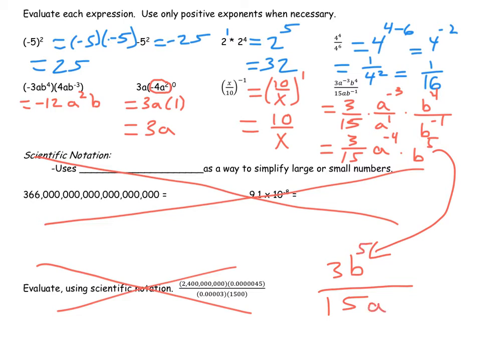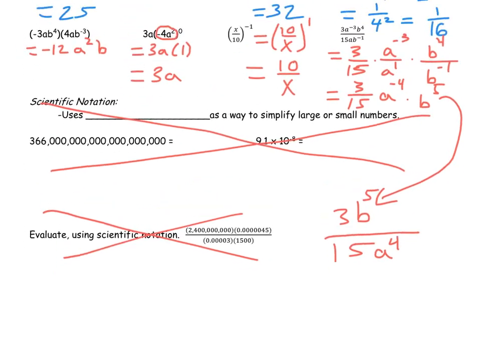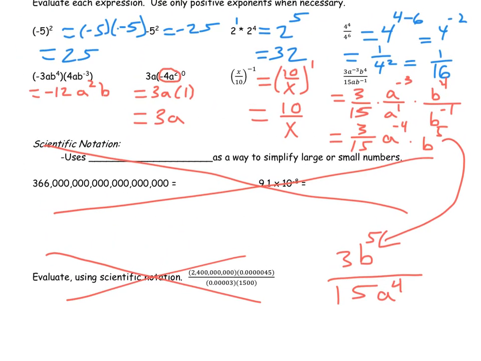Down on the bottom, if I want to make that a positive exponent, that's a to the fourth, so that will flip and go down on the bottom. So that last one's got a little bit more to it. Definitely has a few more steps to work through in terms of the simplifying, but there you have it.